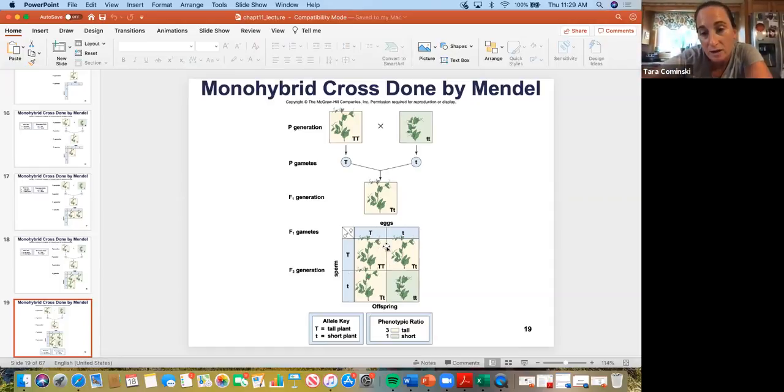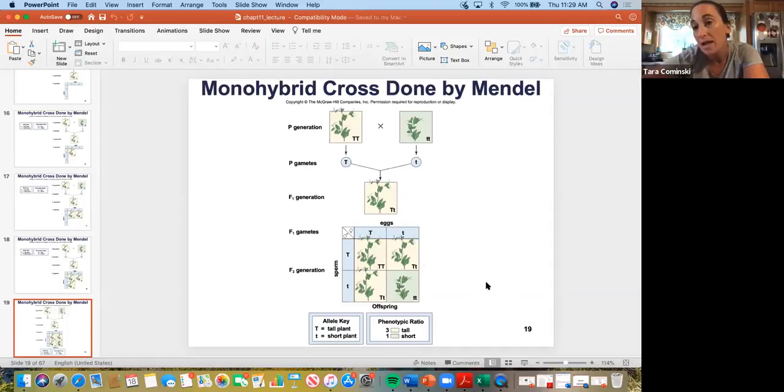So again, here the genotype's going to be big T, a heterozygote, and then another, a homozygous recessive here. So in terms of listing the possible genotypes, I will ask you this on the exam: tell me what the possible genotypes are from this cross. In this case, the possible genotypes would be homozygous dominant, heterozygous, and homozygous recessive.